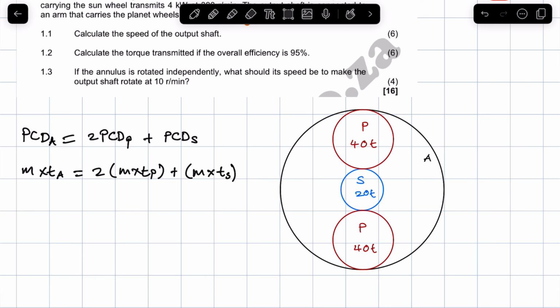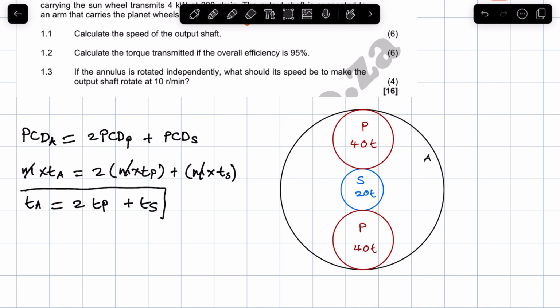Now when looking at epicyclic gear problems, the module of all the gears tends to be the same, so the module cancels, and essentially you're left with the number of teeth of the annulus equal to 2 times the number of teeth of the planet plus the number of teeth of the sun.